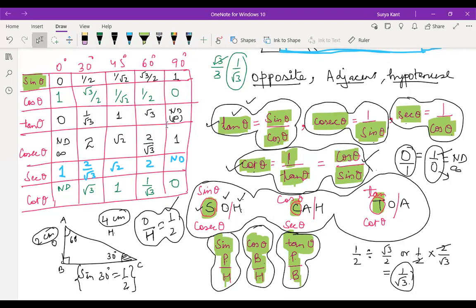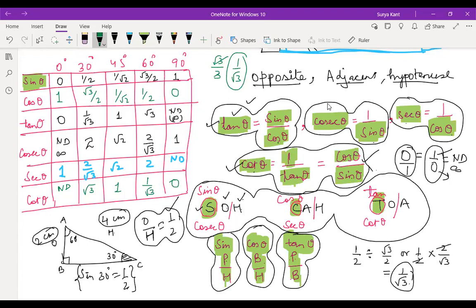So again, I'm repeating this whole page once again. Tan theta is just the ratio of sine by cos. Cosec theta is the reciprocal of sine.